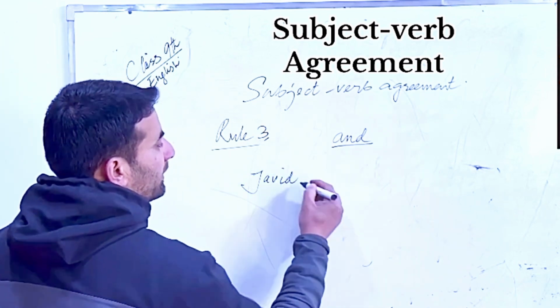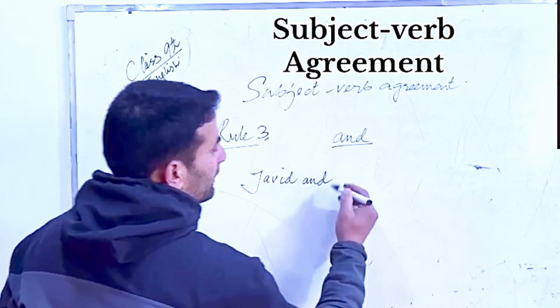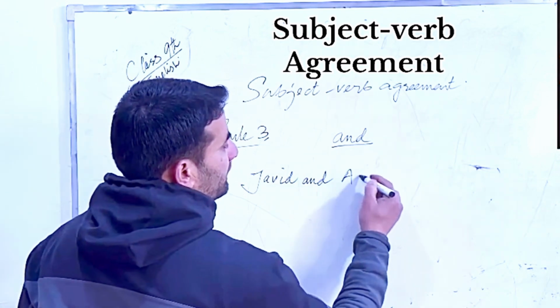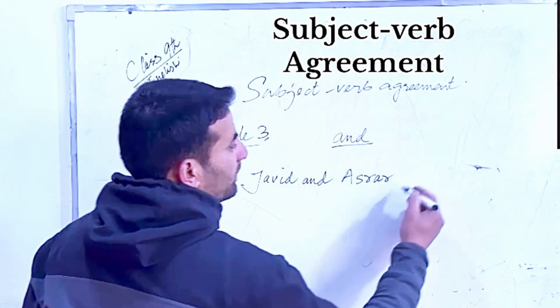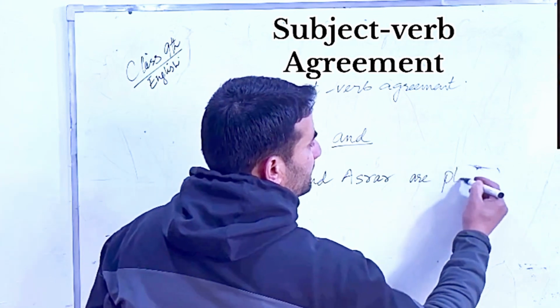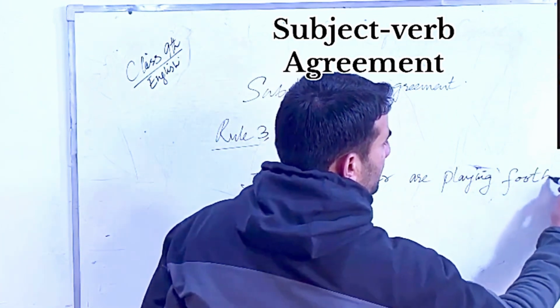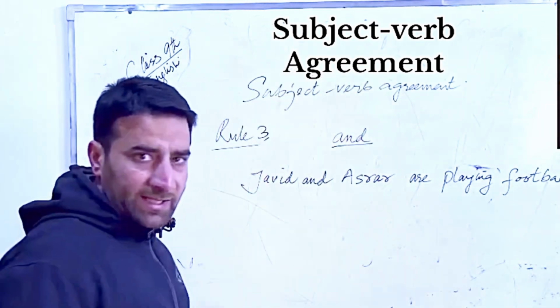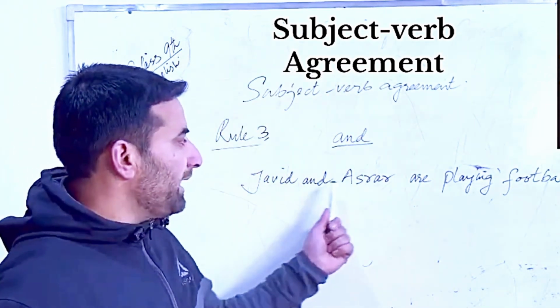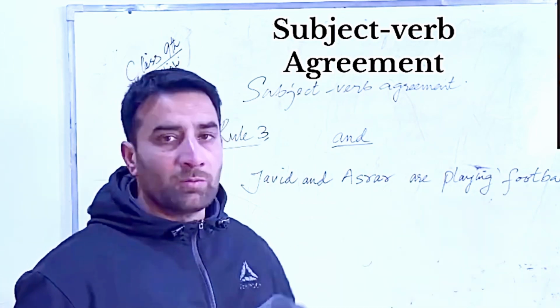Javed and Asrar are playing football. So I have got a sentence here. Javed and Asrar are playing football.